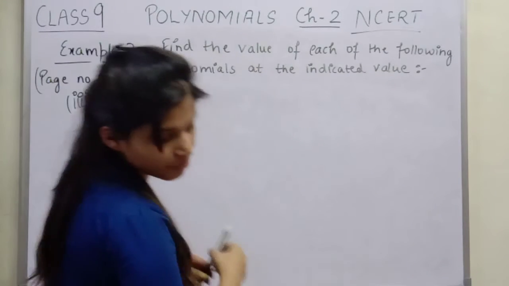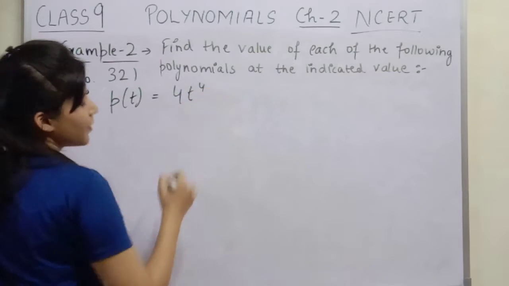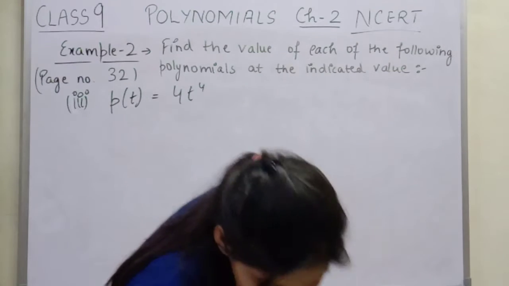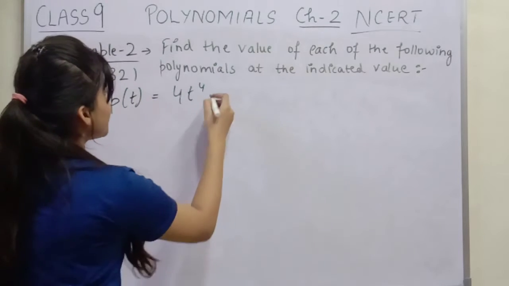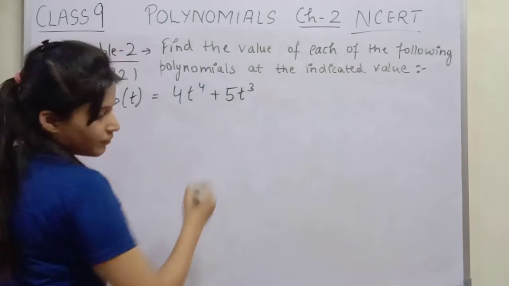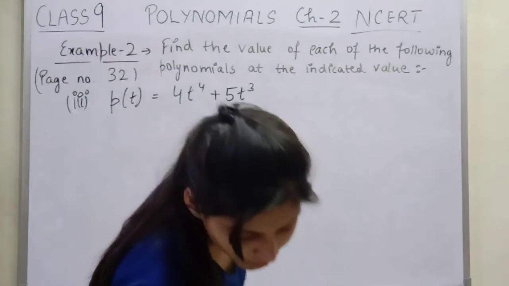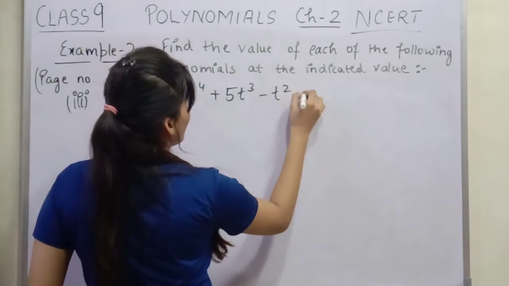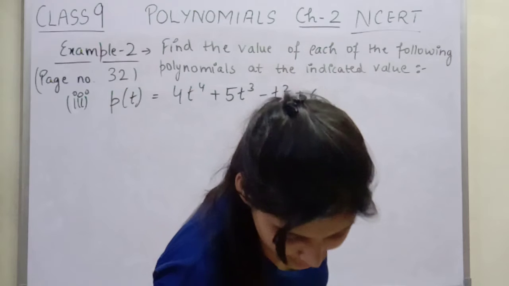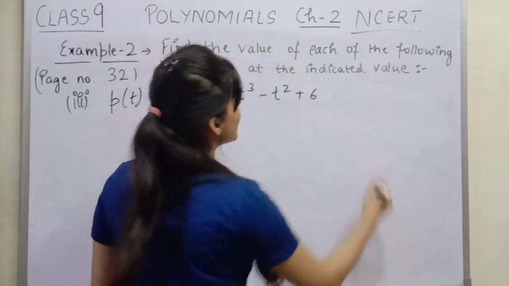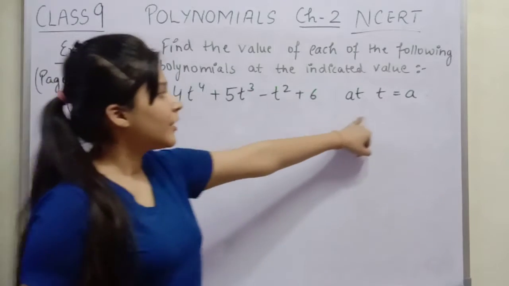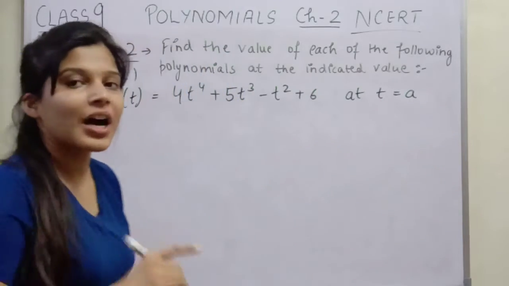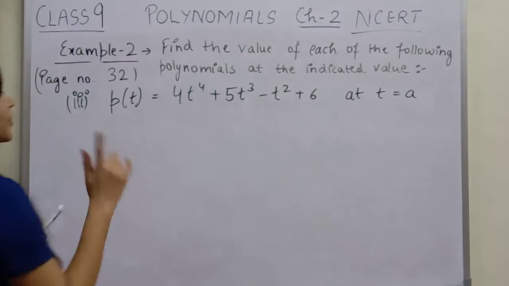So, the third part says p(t) equals 4t raised to the power 4, sorry, so it's 4t raised to the power 4 plus 5t cube minus t square plus 6. Yes, this is the question at t equals a. Now we have t equals a, meaning wherever there is t, now we have to put a.